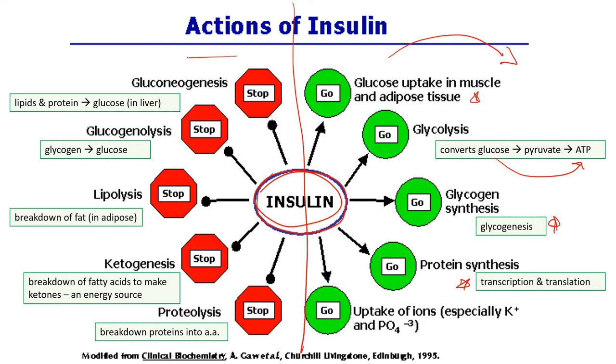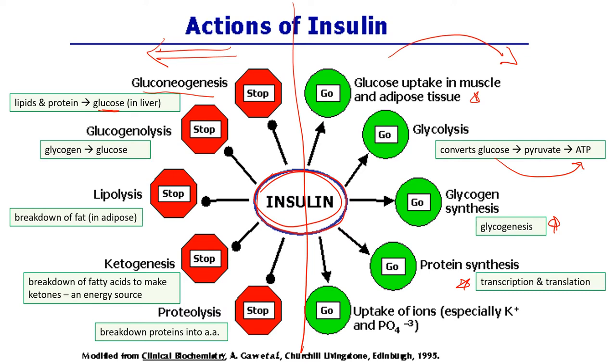Now, everything on the other side of the chart, we're going to prevent from happening because all of these processes result in increased glucose in the blood. So in other words, if you take gluconeogenesis, this is taking these molecules and turning them into, guess what? Glucose. Well, we're trying to get rid of glucose.